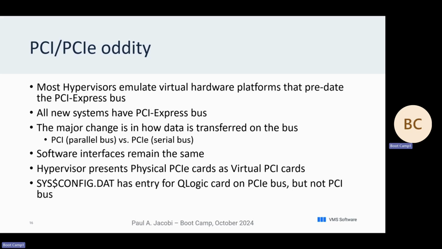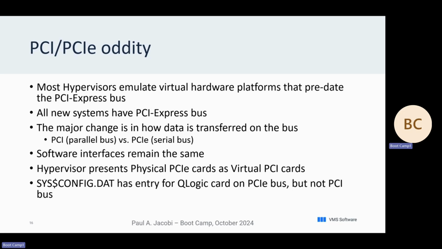PCI uses a parallel bus, whereas PCI Express uses a serial bus. However, the upper level software interfaces remain basically the same. So what the hypervisor does is simply lie and say, this physical PCIe card, we'll just pretend it's on a PCI bus and we'll go on.